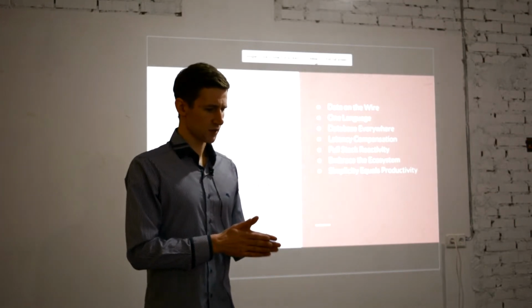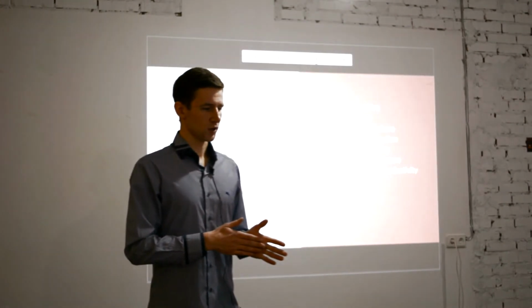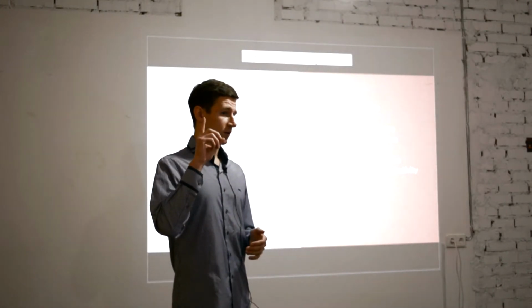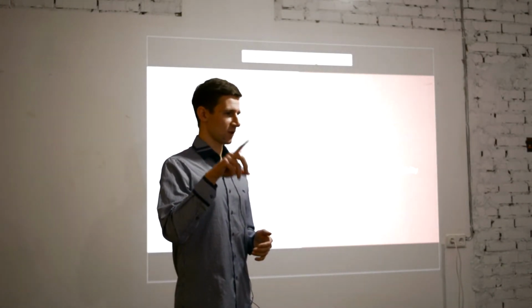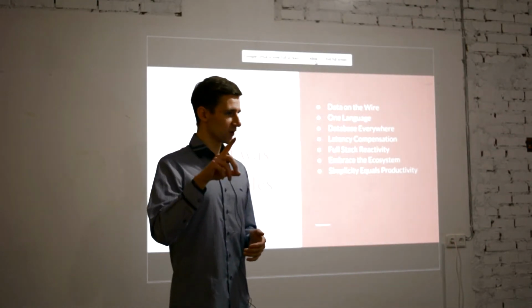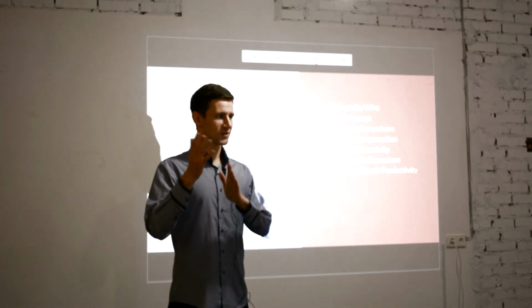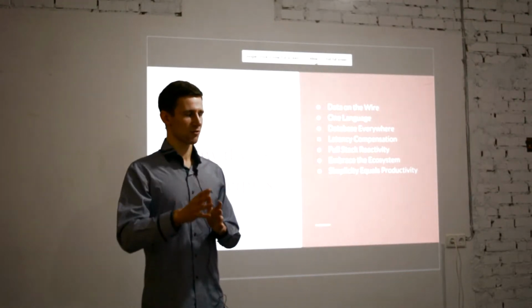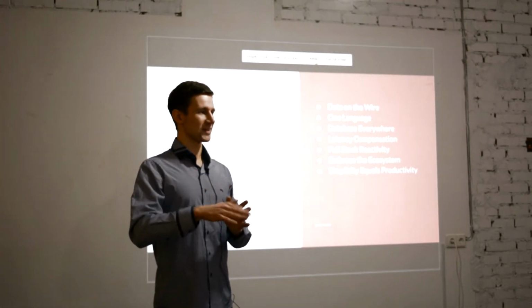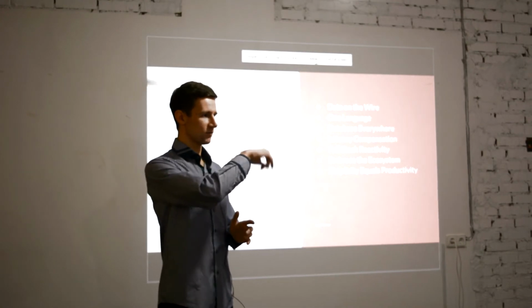So where was I? Database everywhere. The fourth one is latency compensation. What does it mean? If we insert a post, normally we need to hit the server and say, okay, we are now inserting the post. Server says, okay, this post is already inserted, and then we update the view.